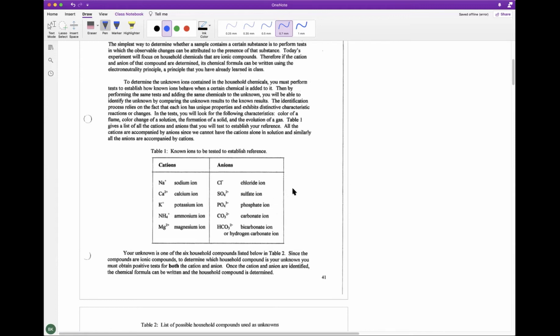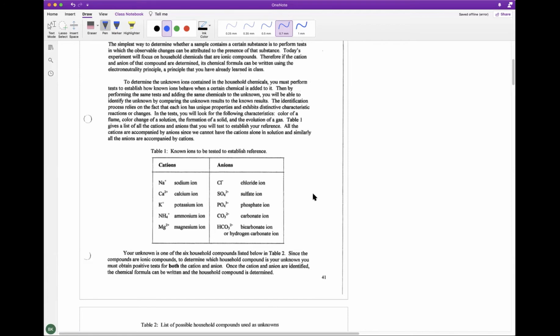We're going to take an unknown and do the same tests on the unknown, and see which of the tests give a response similar to the tests we know for each ion. By doing that, we'll rule out, okay, it's not sodium, it's not calcium, maybe it's potassium. Then we'll look at tests for our anion, and maybe we'll do a bunch of tests and find that our anion is chloride.